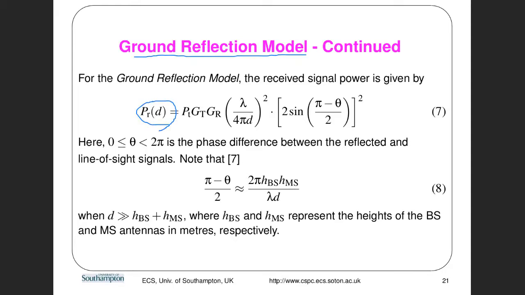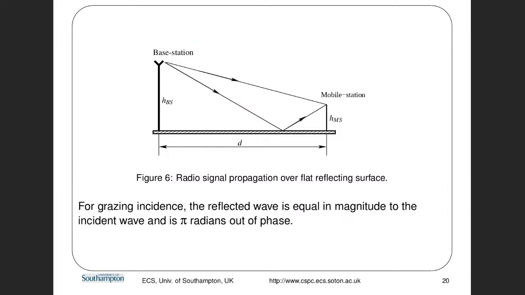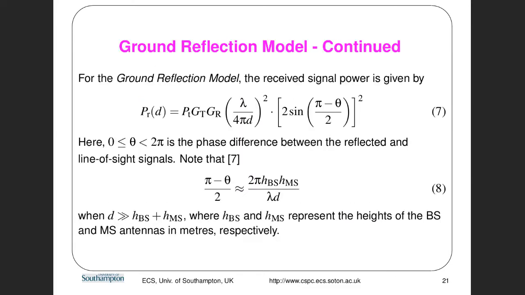And when we evaluate this equation, one part that is particularly hard to evaluate is this one, because you need to estimate what theta is for each transmission model, for each scenario. That's really hard to measure, because you don't know where the reflection actually happened.